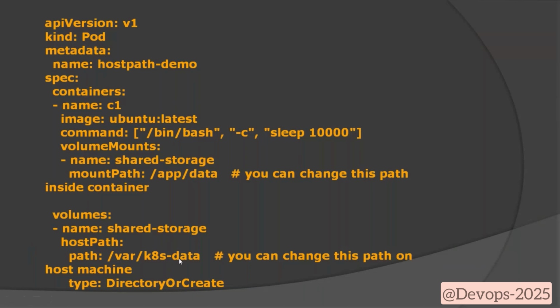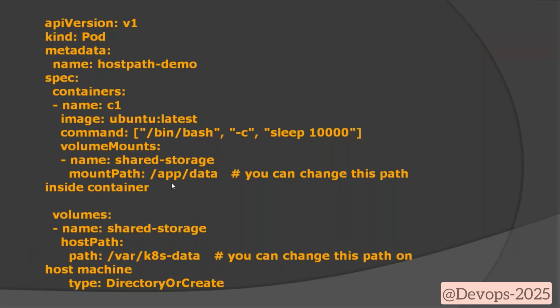If this folder does not exist, Kubernetes will create it automatically using type DirectoryOrCreate. The same volume is mounted inside the container at /app/data. So both of these paths point to the same storage. Files created in one place appear in the other place.